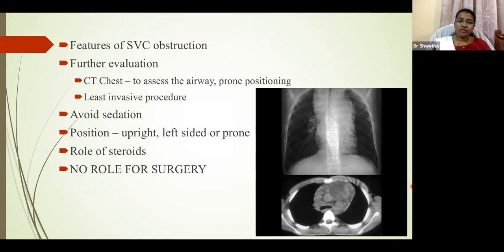Also, any form of general anesthesia causes a decrease in lung volumes. Also, there is a decrease in the lung pressures and an increase in the intra-abdominal pressure, causing the diaphragm to be pulled upwards. Because of that, the lung volume will decrease further and there will be respiratory compromise in the patient.